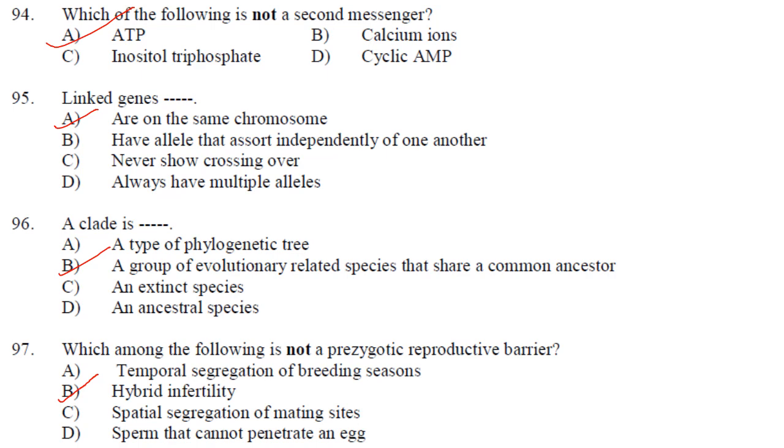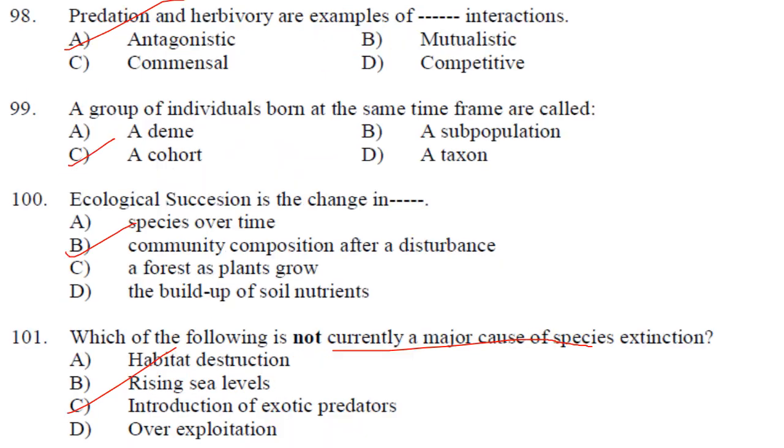So temporal segregation of breeding seasons is pre-zygotic. Hybrid infertility, a hybrid you get only after fertilization. So it is a post-zygotic reproductive barrier. So the answer here is option B. Spatial segregation of mating sites, sperm that cannot penetrate an egg. Both these prevent fertilization. So C and D are pre-zygotic reproductive barriers.